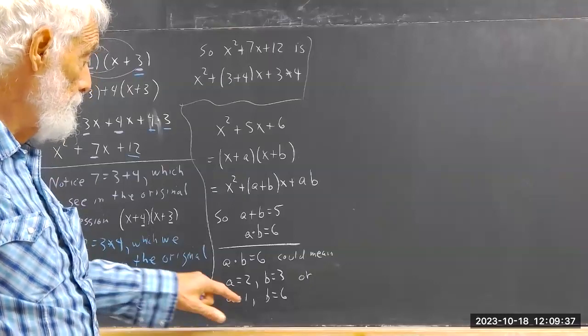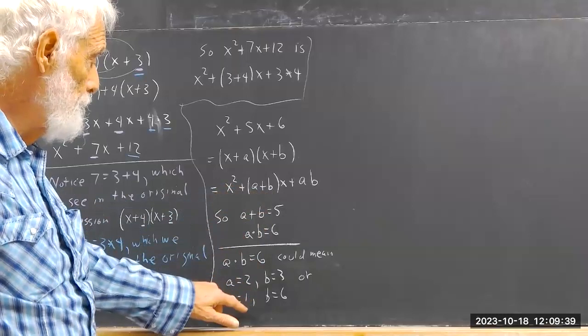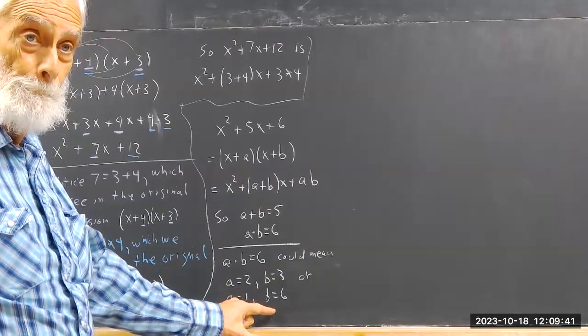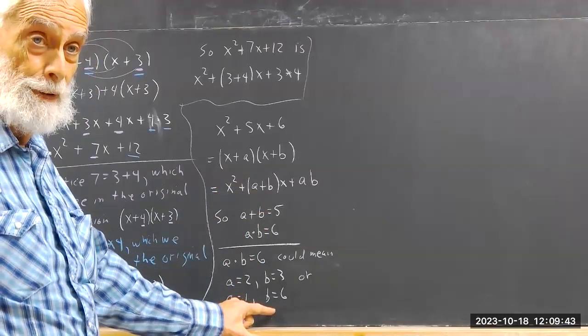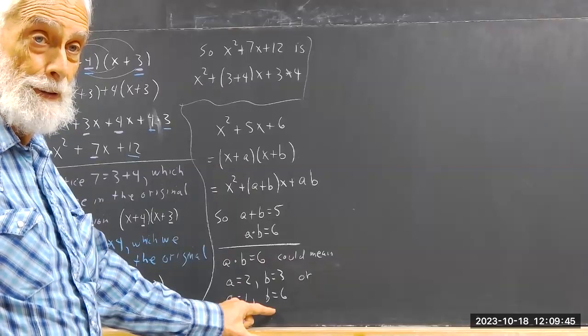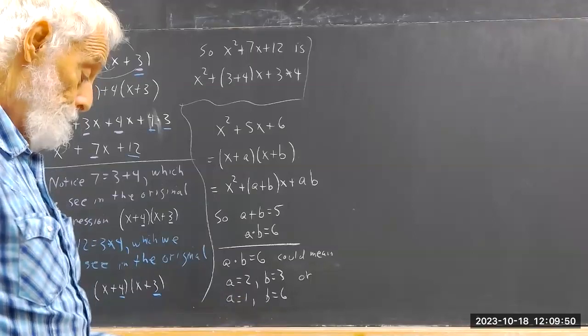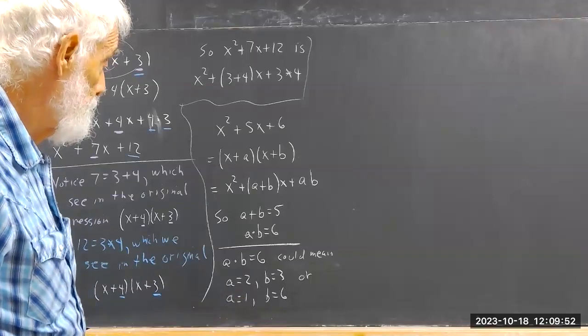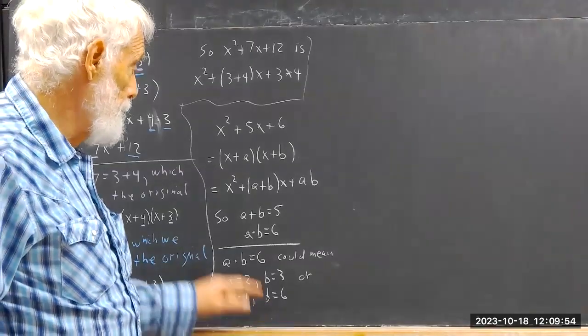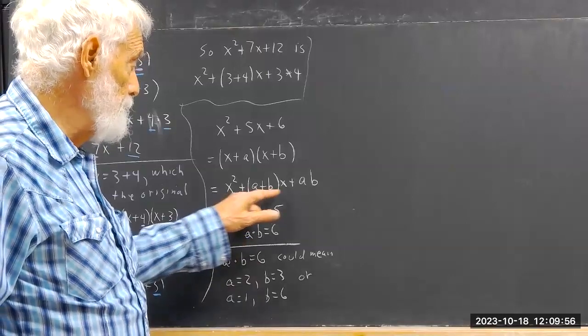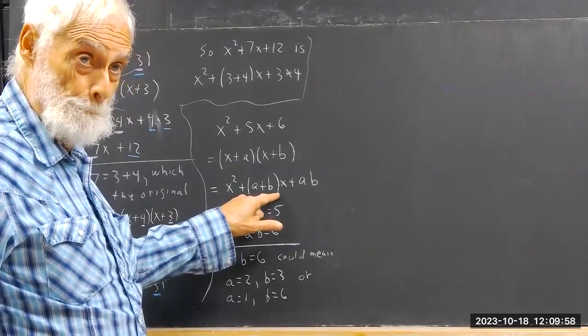Okay, I see 3, but a plus b would be 1 plus 6, right? What's 1 plus 6? 7. Okay. So if a is 1 and b is 6, a plus b is 7, which means you have a 7 in front of x, right?